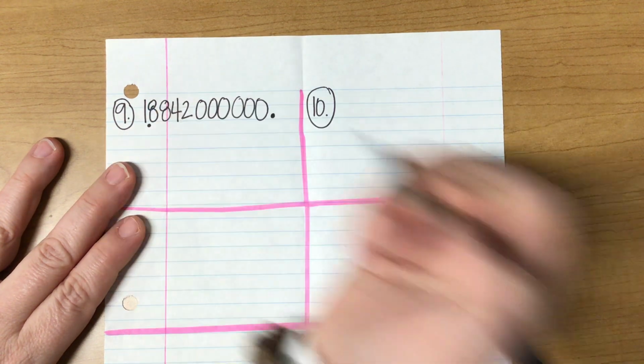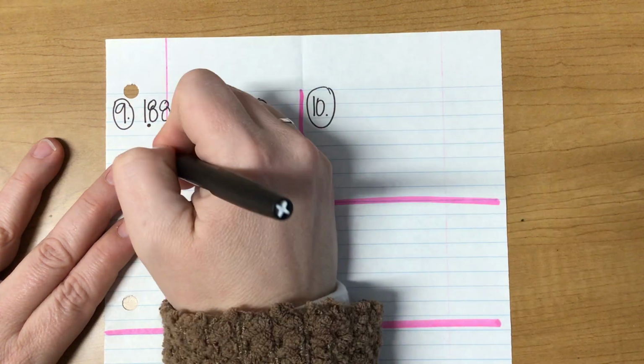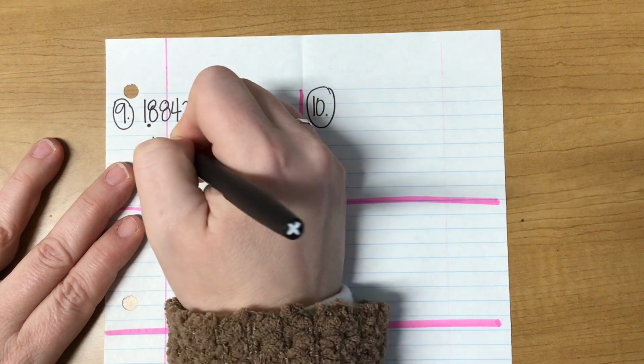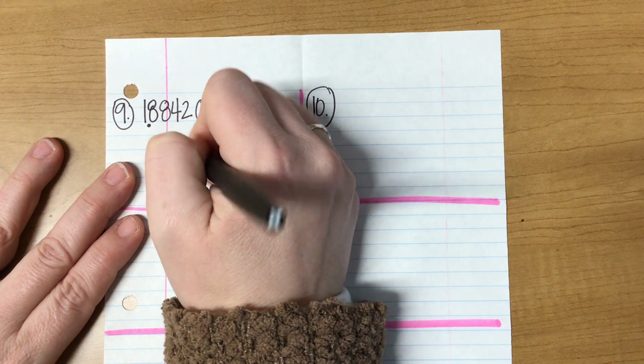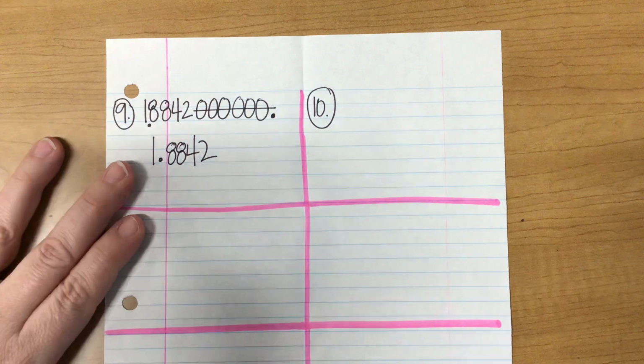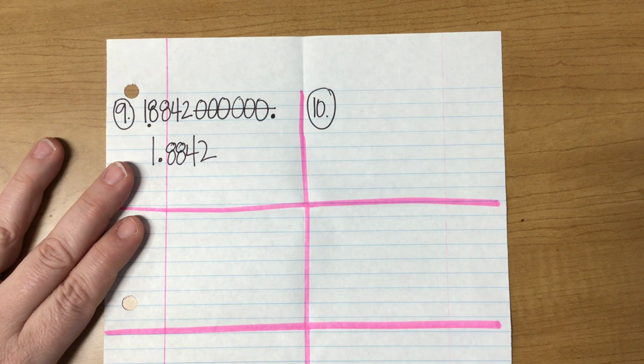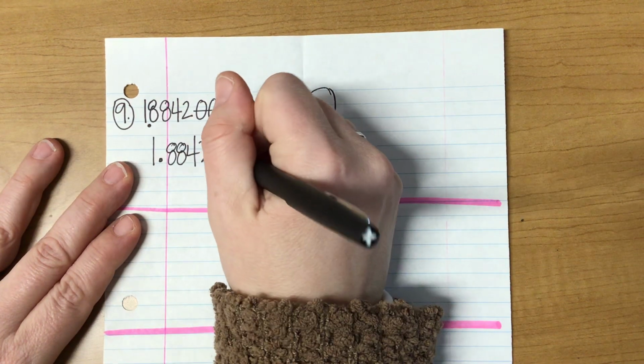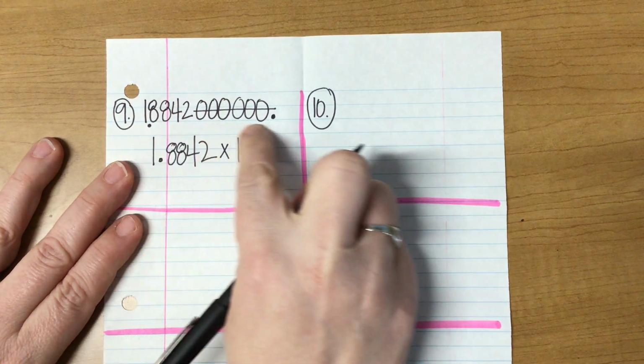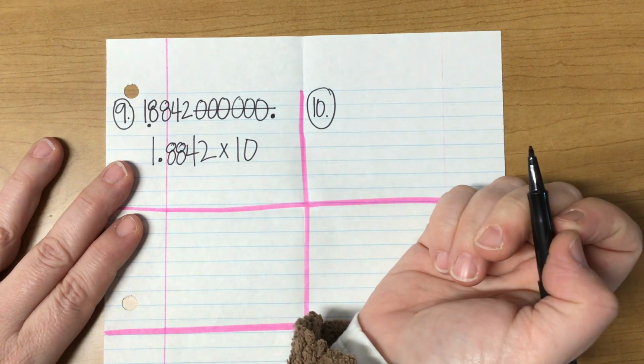Good. It should be 1.8842. The rest of these zeros, we don't need them because there's nothing behind it. It's only zeros for the rest of the time. Times 10. This is a gigantic number.